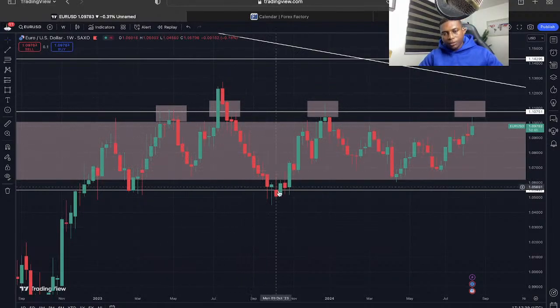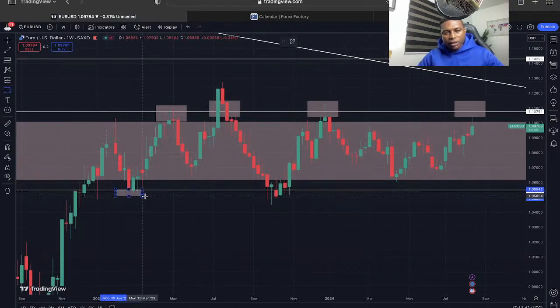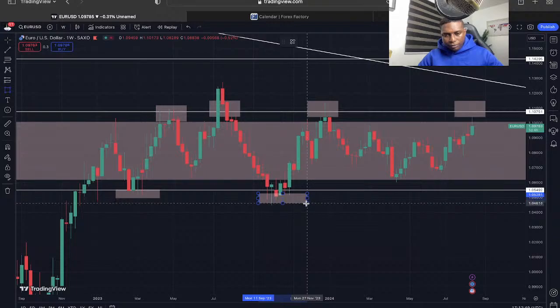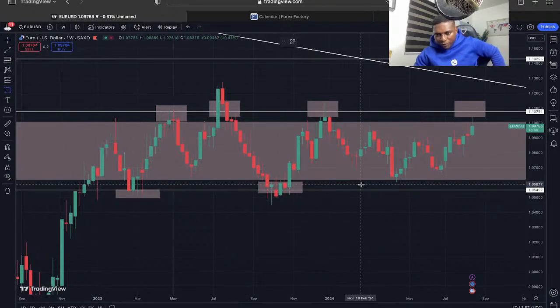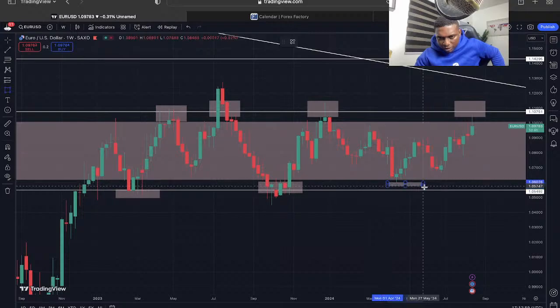Now, when you look at this, there's a touch point here, another touch point here. We had not much of a touch point, but let's just say a touch point at this level.